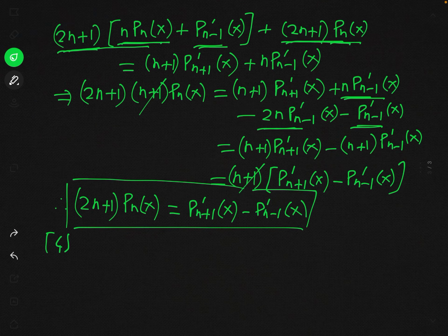So you can see the fourth recurrence formula is Pn prime of x is equal to what? This is x into Pn minus 1 prime of x and plus n Pn minus 1 of x.